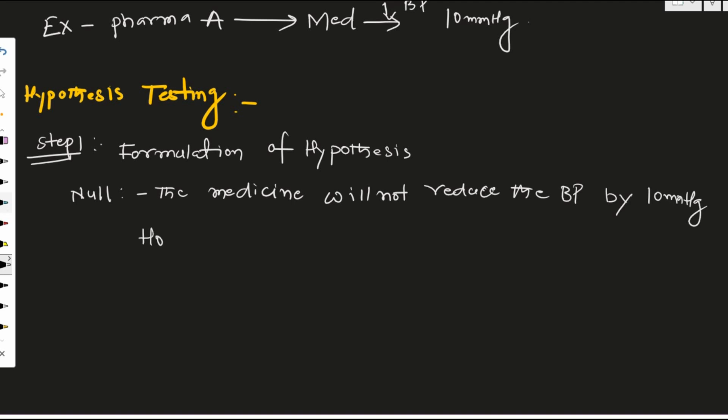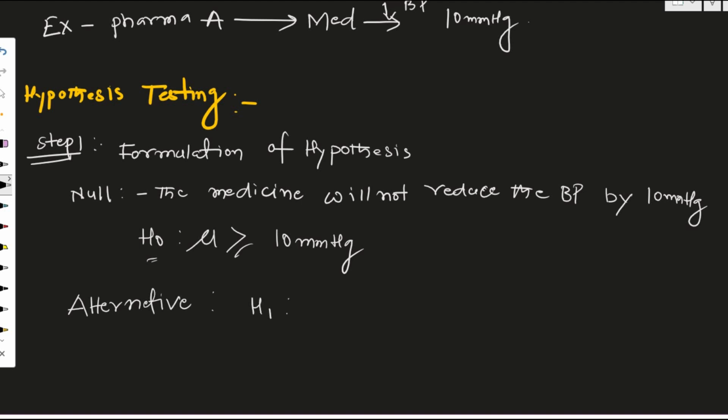So the null hypothesis is H naught, and it will be greater than or equal to 10 mmHg. This is the formulation of the null hypothesis. Now the alternative hypothesis will be H1.